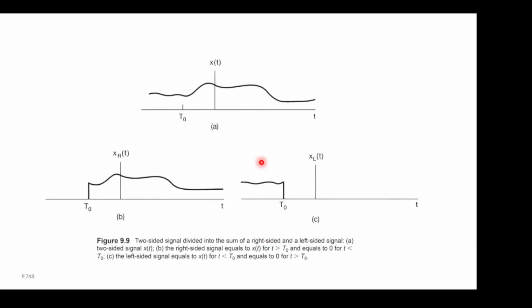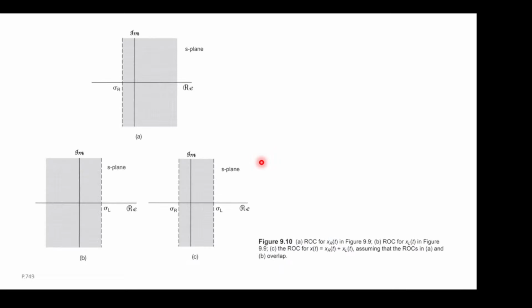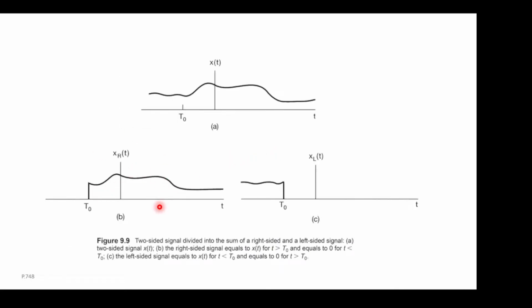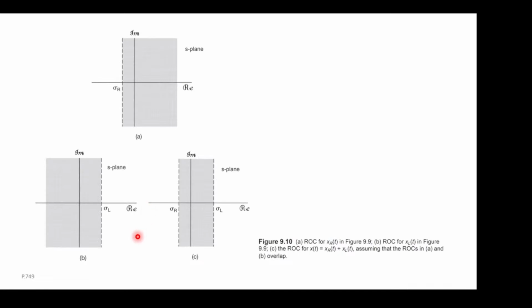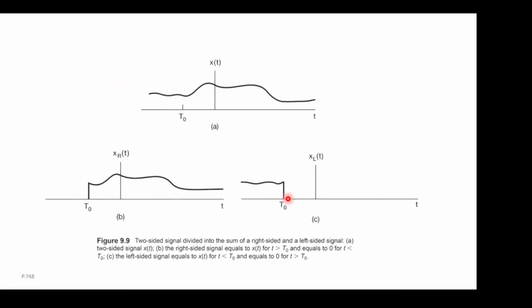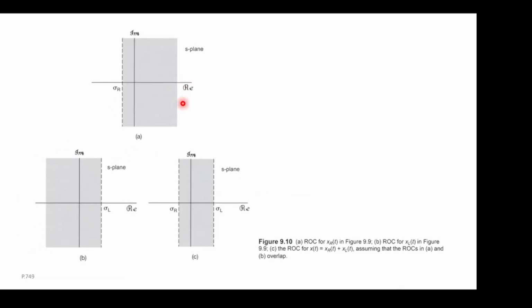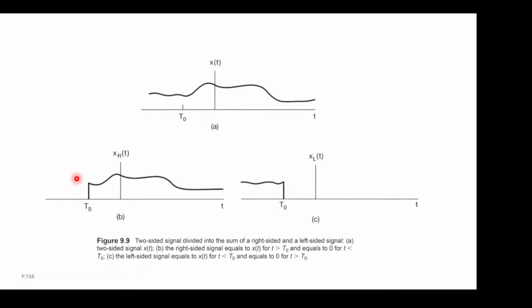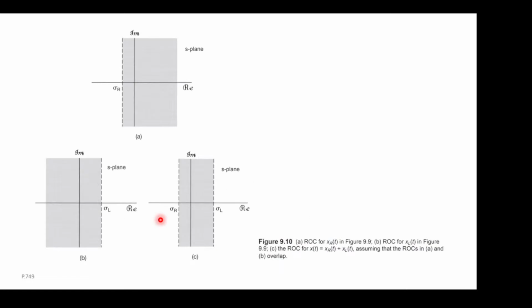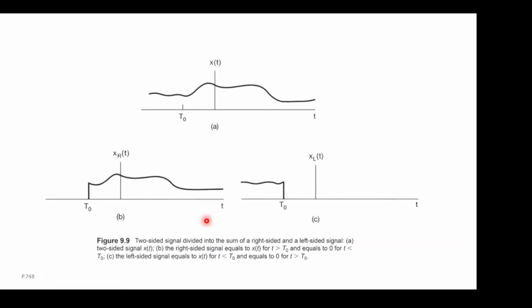The right-sided function should have its ROC to the right side, because we just proved it, and the left-sided function should have its ROC to the left side. And the ROC of the original function should be the intersection of the ROCs of both, because you want both of them to converge. So the ROC should be one strip in the middle. Okay, so that's the idea.